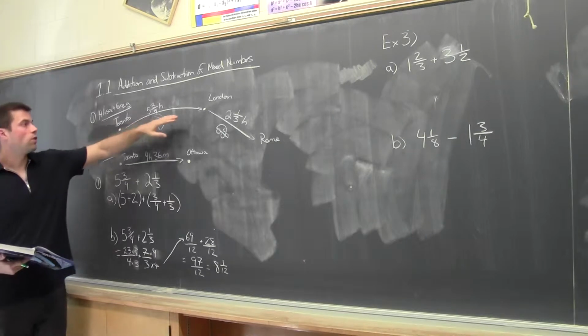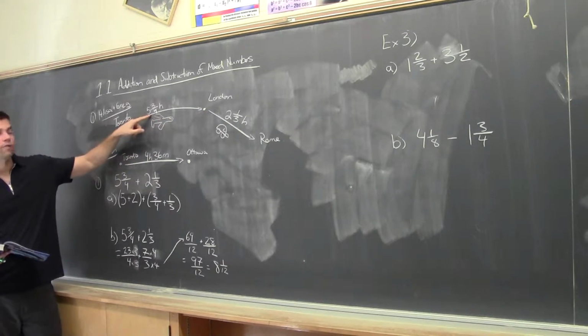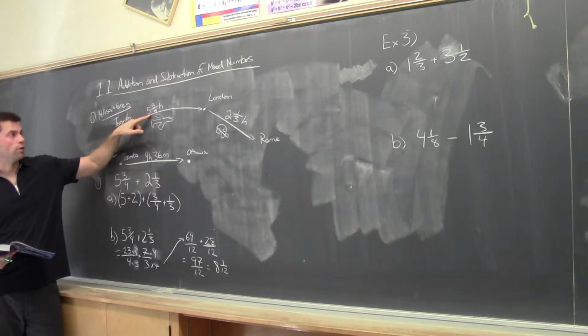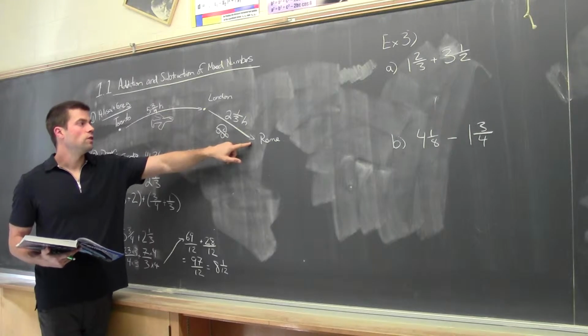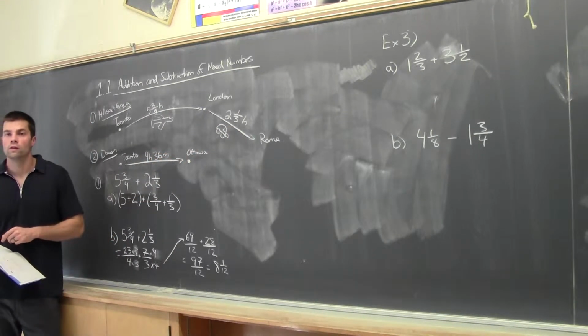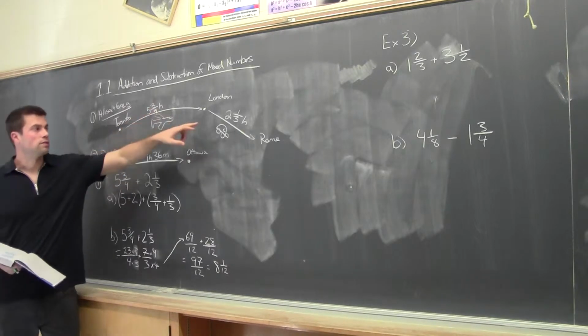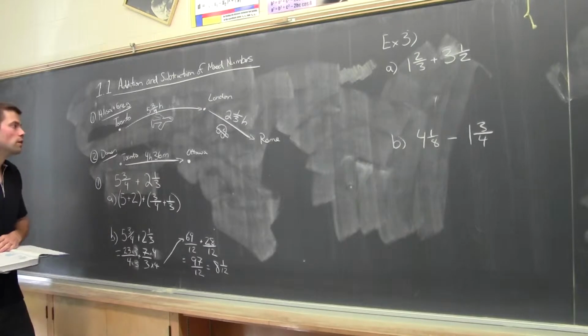They're flying from Toronto first to London, England, which is going to take them 5 and 3/4 hours in an airplane, and then they're going to drive from London to Rome, which is going to take them 2 and 1/3 hours. This is pretty accurate. I think this would probably be a little bit longer, given some of the traffic they might run into.